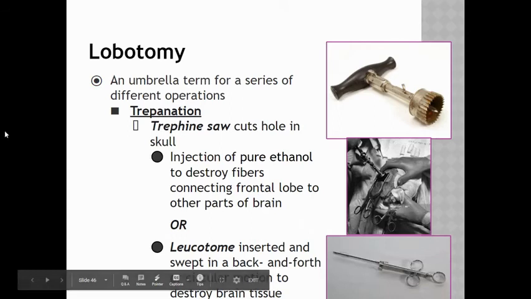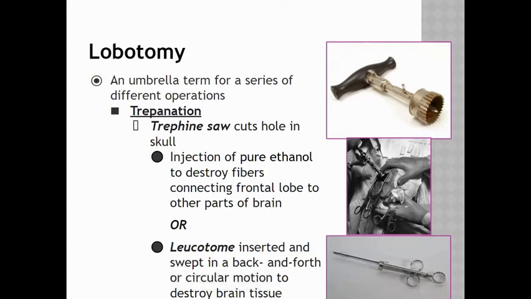So a lobotomy is an umbrella term for a couple of different procedures. Trepanation is when a saw cuts a hole in the skull, and then an injection of ethanol is inserted into that opening, and that starts to destroy different connections in the frontal lobe and other parts of the brain.